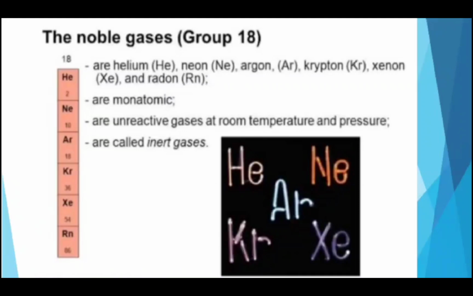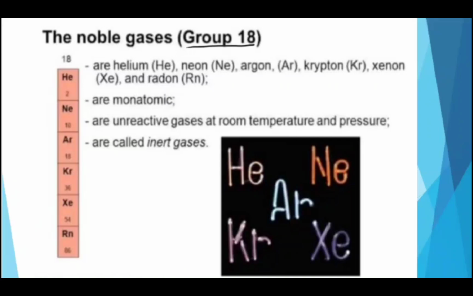Now, children, noble gases basically lie in the last column on the right hand side of the periodic table. They are known to be in group 18. Sometimes when children are still young, learning about all the elements of the periodic table, at that time we just tell them that they are in group 8.